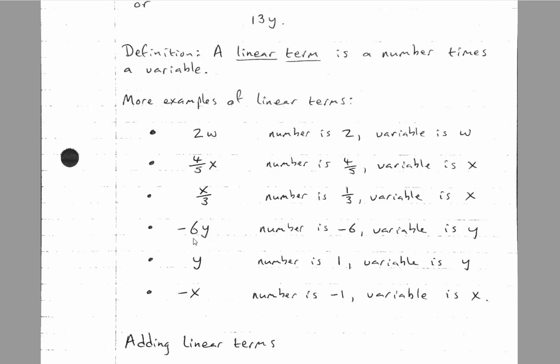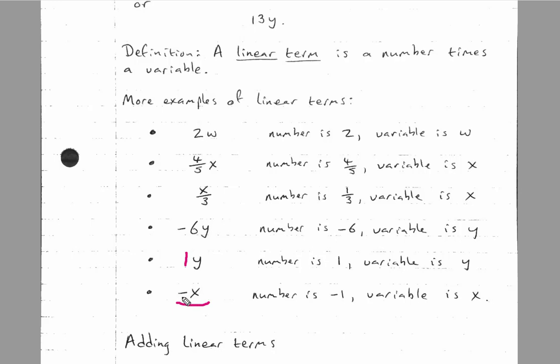The number could be negative. This is negative 6y. What happens if you don't see a number? Then there's really a 1 there. So this is just y, but this is a kind of a hidden 1. If you want to, it's useful to include the number.